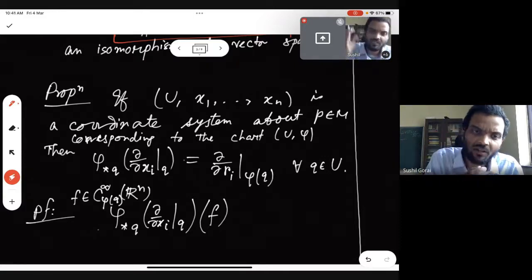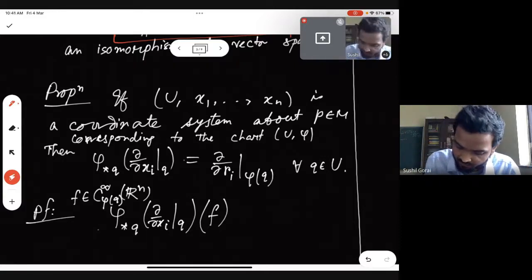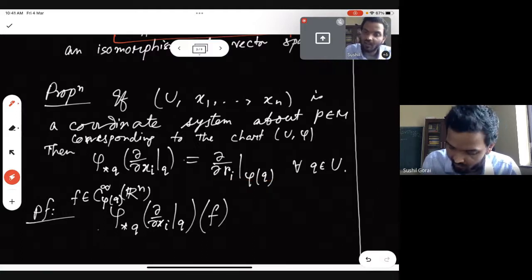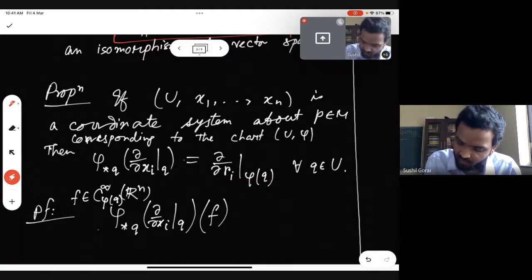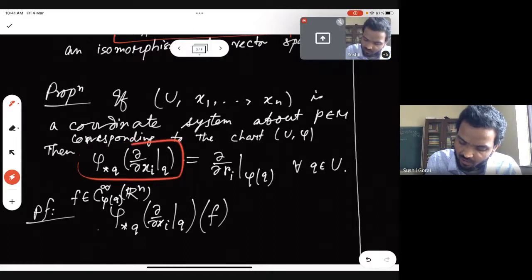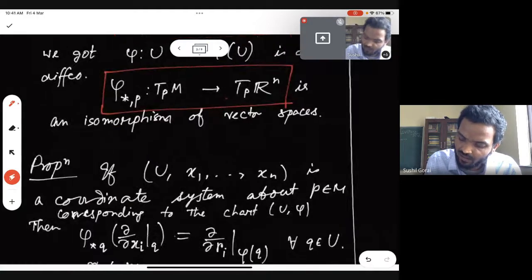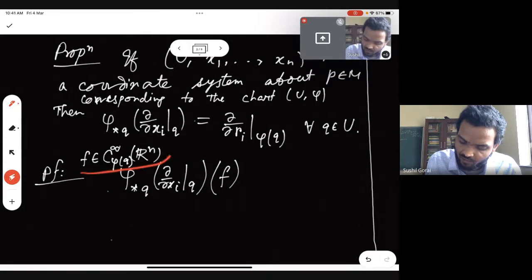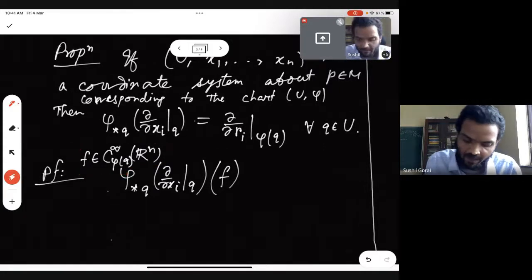When you fix a point, it's basically linear algebra. So phi star at q is a vector space isomorphism. The claim is that it takes this to del by del ri, which is the basis element in T Rn. Since this is a vector in T Rn, it will be a derivation acting on functions on Rn, and that's what we did.